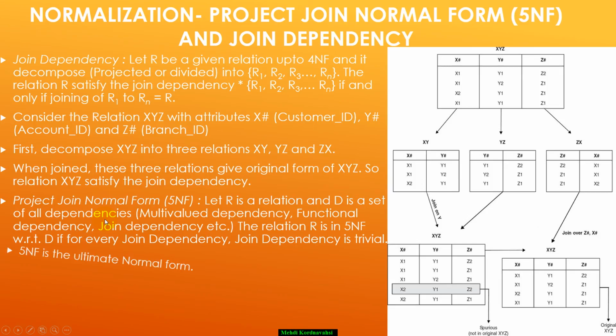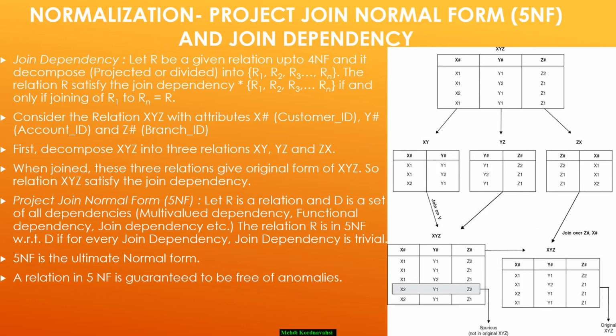5NF is the ultimate normal form. A relation in 5NF is guaranteed to be free of anomalies. Consider the example and we watch the example.